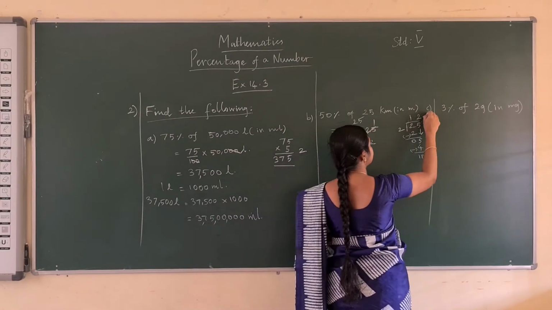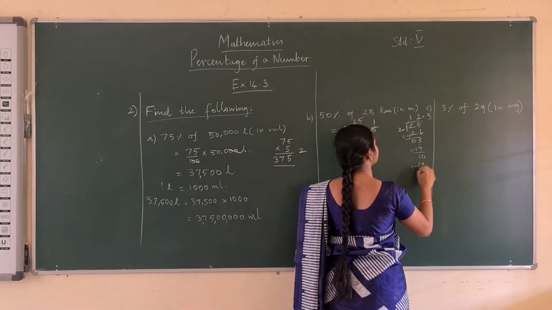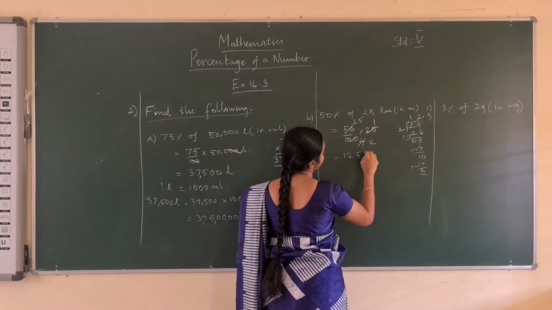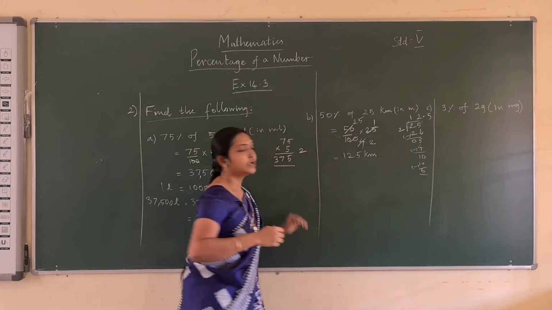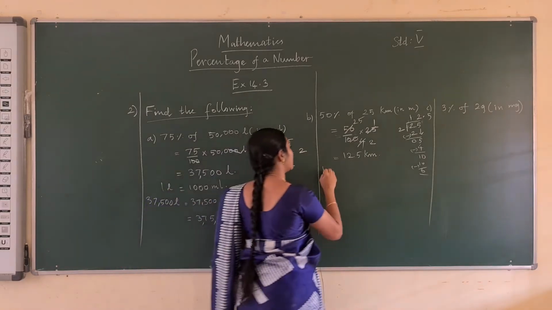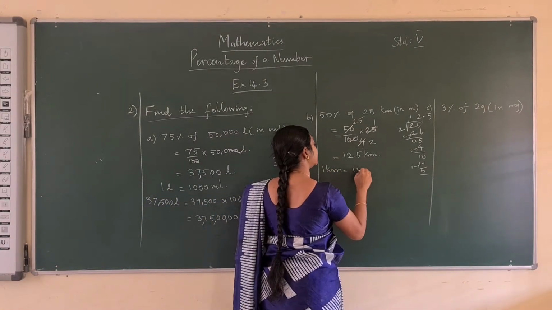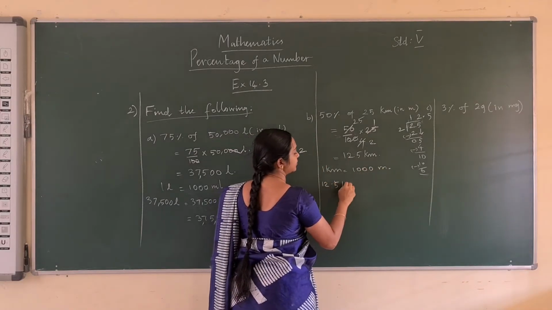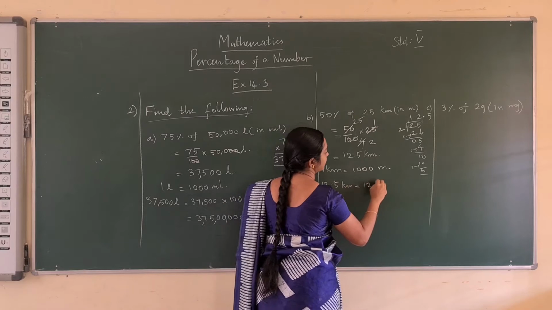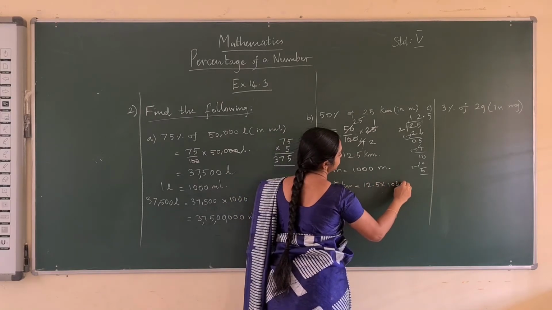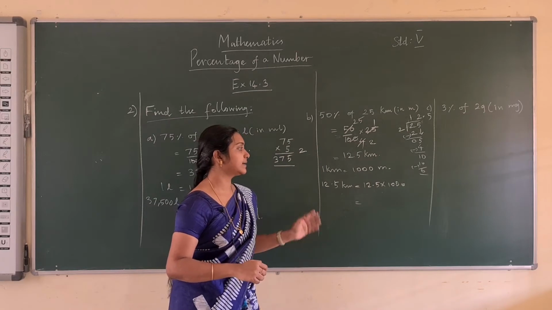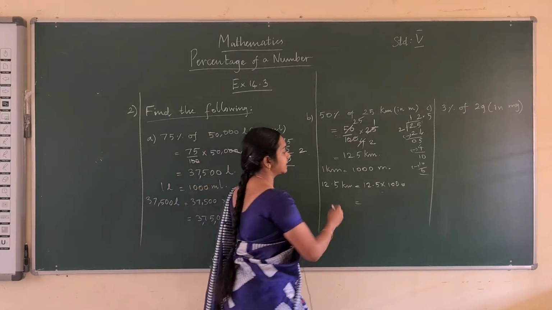5 into 2 is 10, 10 minus 10 is 0. So it is 12.5 kilometer. We have to convert kilometer into meter. 1 kilometer equal to 1000 meter. Then 12.5 kilometer equal to 12.5 into 1000. Into 1000 means we have to move that decimal point 3 places to the right.